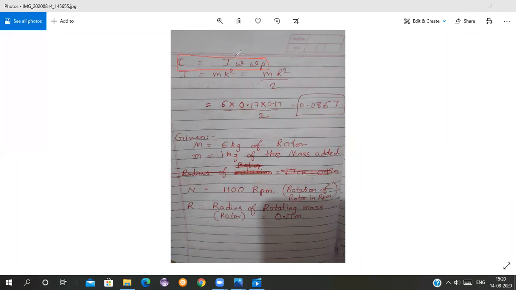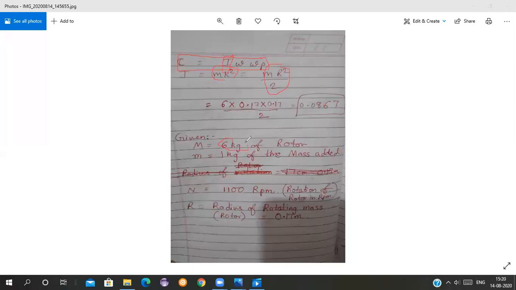This is due to the rotor, therefore this I will be of the rotor. I is the mass moment of inertia of the rotor, given by mk square or mr square by 2, because it is a disc. The mass moment of inertia of a disc is mr square by 2. All of you know this, you have studied it. Mass of the rotor is given as 6 kg.